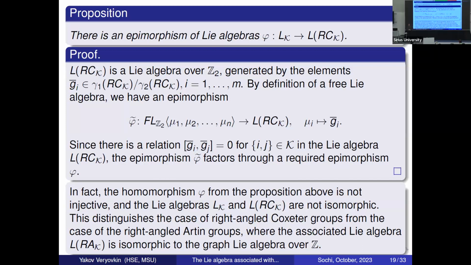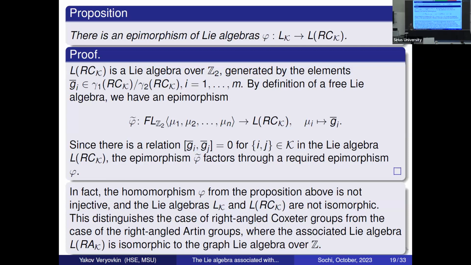Okay, I see your question. We have m vertices in the simplicial complex and m generators for the Lie algebra. So we have m vertices.